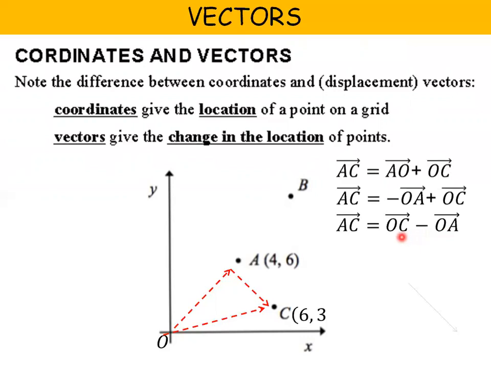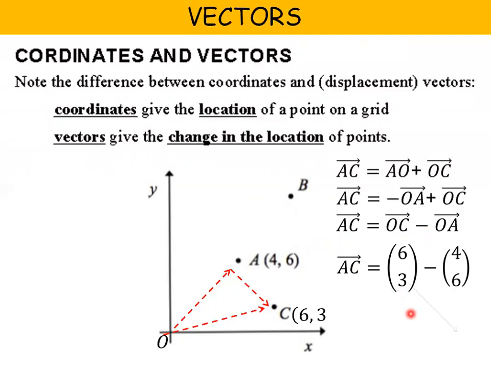Now take note of this. The OC is representing the vector for the coordinate of point C, and the vector OA is representing the vector that stands for the coordinate point of A. Take note of the C leading and the A behind, so that we have OC minus OA in finding vector AC.